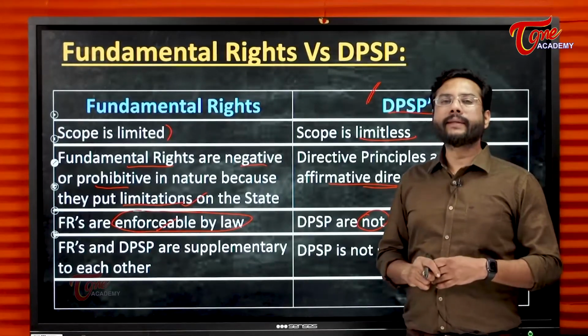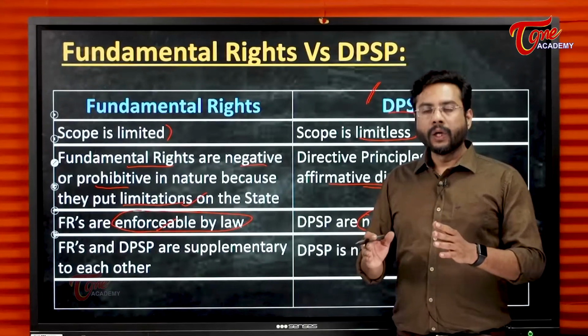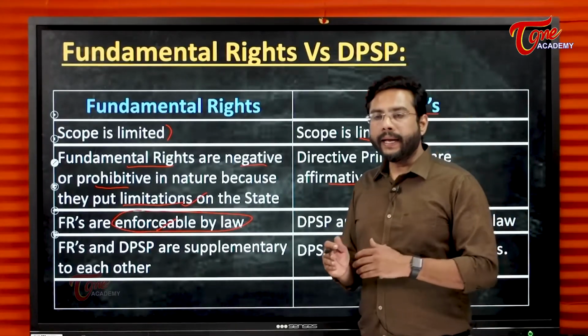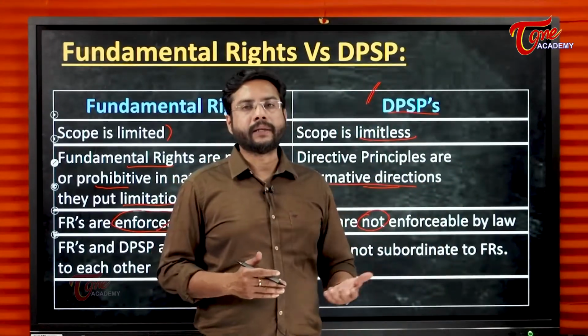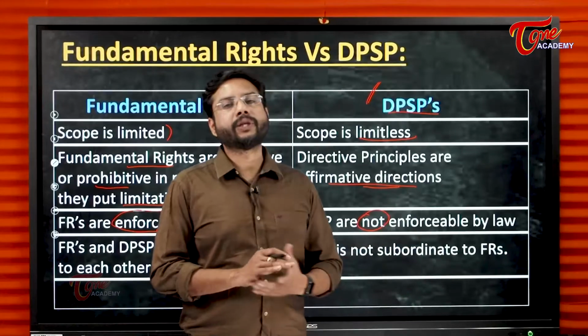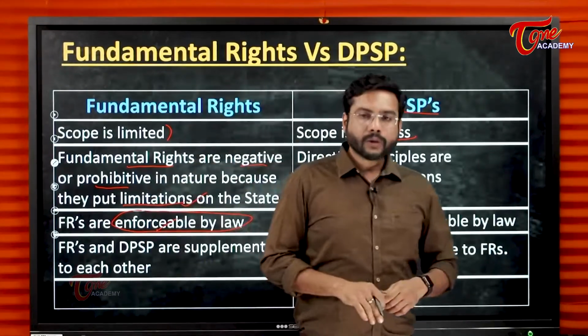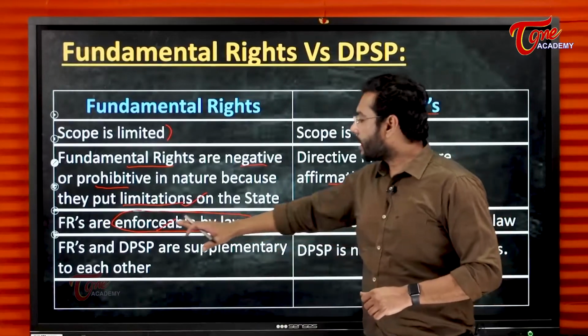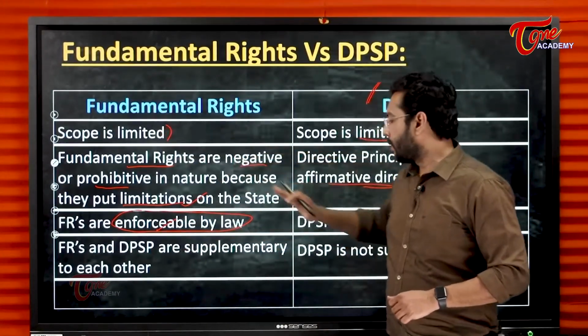But the important thing is, every policy of the state should be in line with or inspired by the provisions mentioned in the Directive Principles of State Policy. So that is why we say fundamental rights are enforceable. They have a very limited scope.